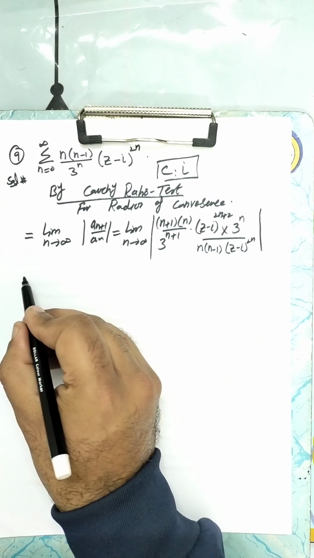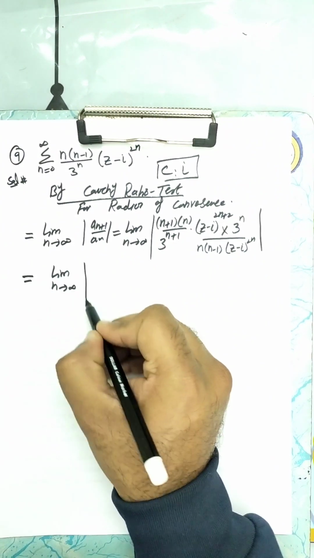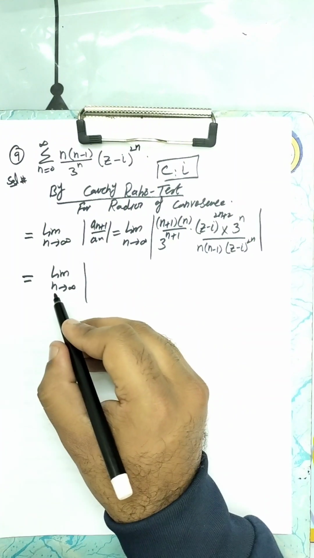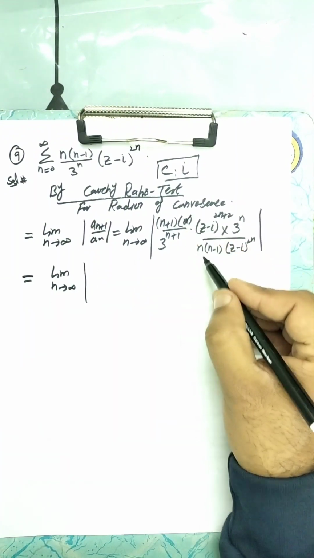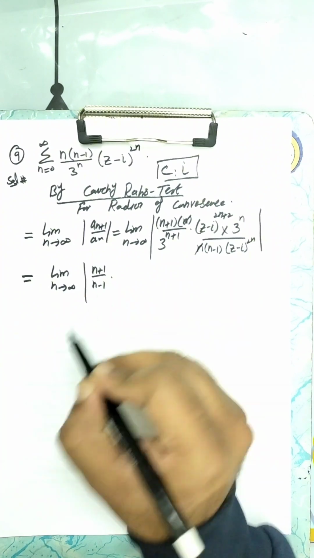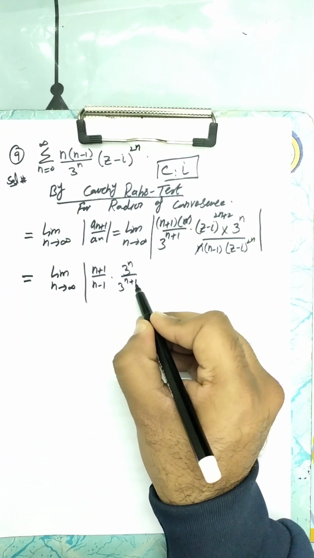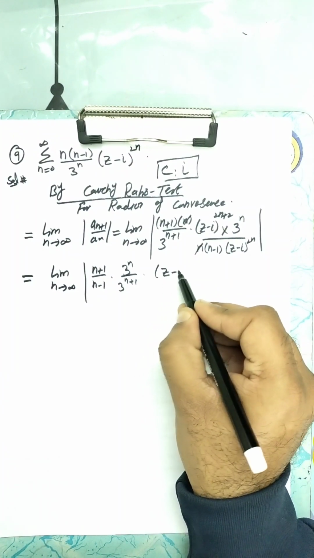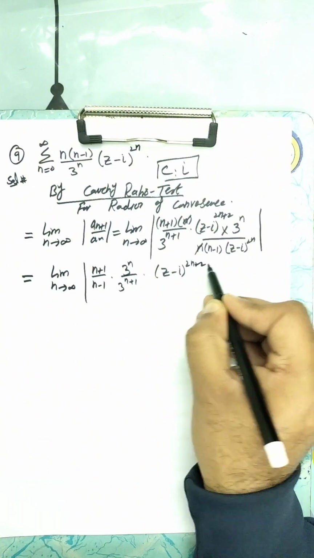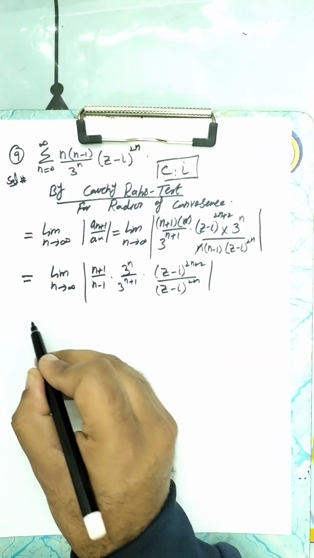Now we solve this limit. This is so simple. Again we associate the same terms, and this n cancels out this n, and n plus 1 over n minus 1 dot 3n over 3n plus 1 dot (z minus iota) power 2n plus 2 over (z minus iota) power 2n.